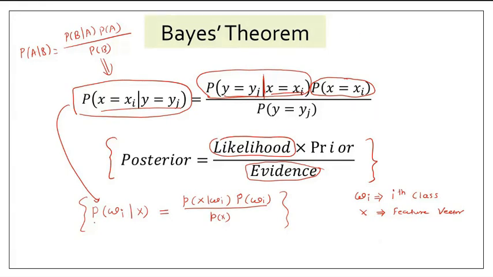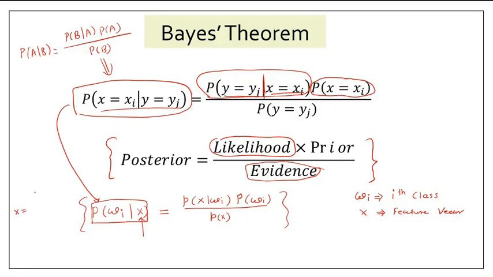Now the first term, that is probability of omega i given x, stands for: you are being provided a feature vector x and you want to predict what is the class of this.